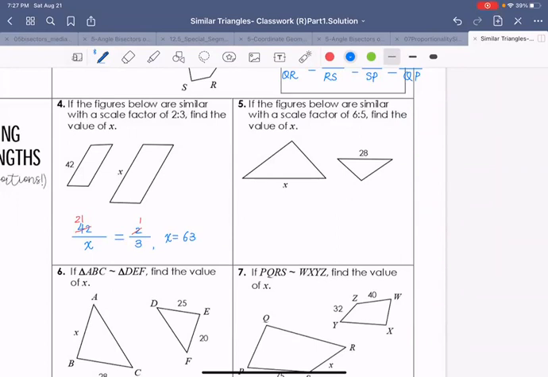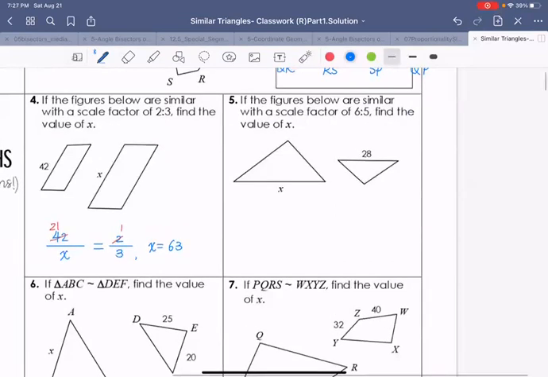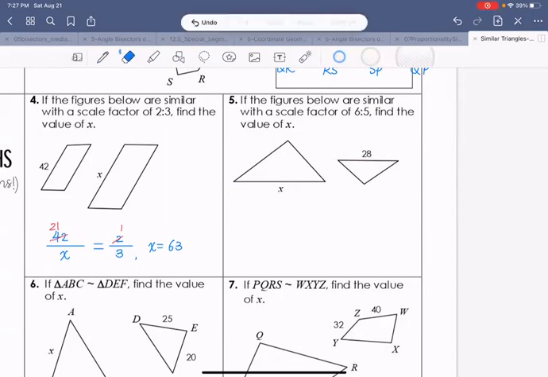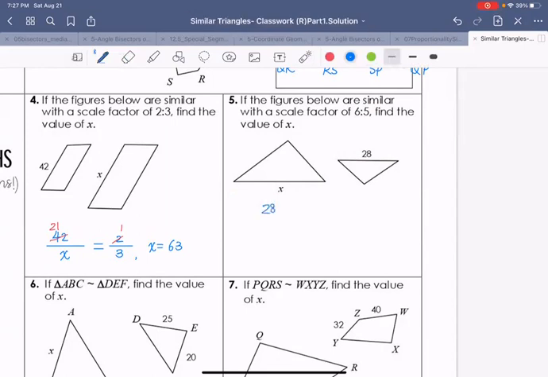Next one, number 5, Annie. Let's do number 5, please. A scale factor of 6 over 5. Let's go ahead and write down the proportion. 28 over x equals 6 over 5.